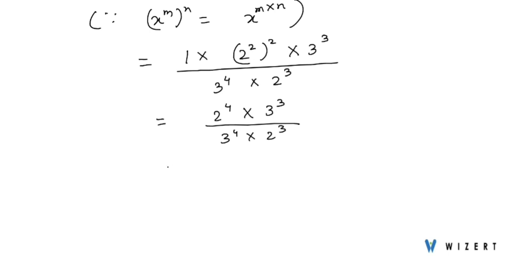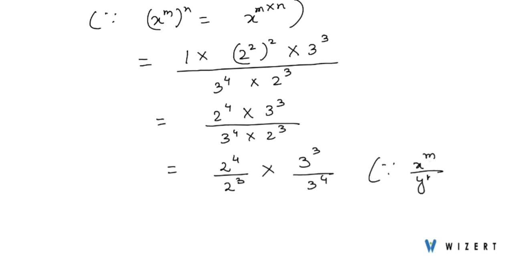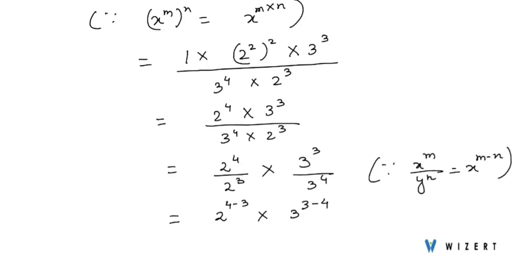Now let's take the 2 powers together and the 3 powers together. Since we know that x to the power m divided by y to the power n can be written as x to the power m minus n, using this property we can simplify it as 2 to the power 4 minus 3 multiplied by 3 to the power 3 minus 4. So this will be equal to 2 to the power 1 multiplied by 3 to the power minus 1, because 3 minus 4 is minus 1.